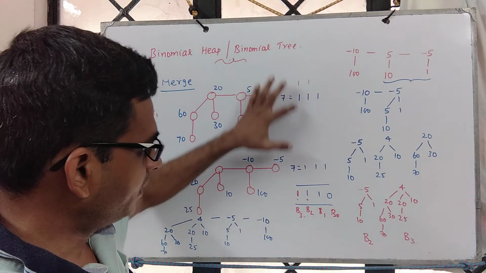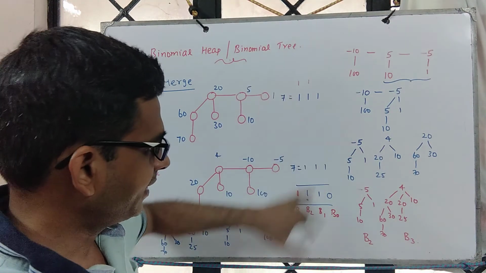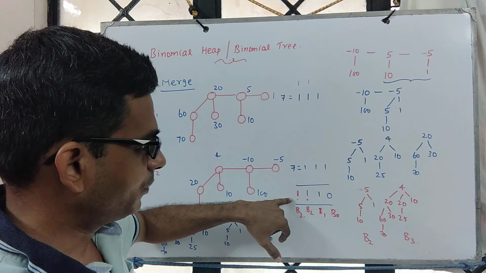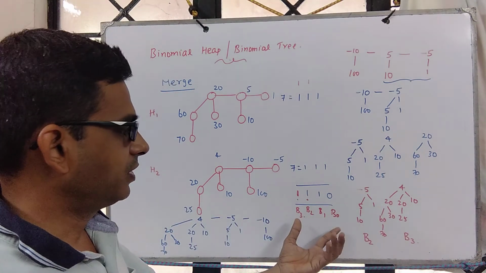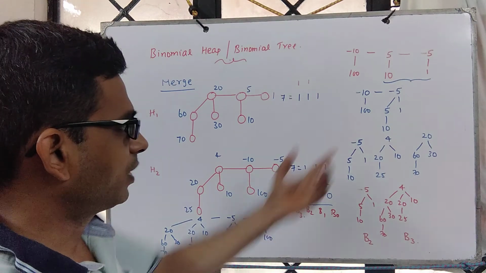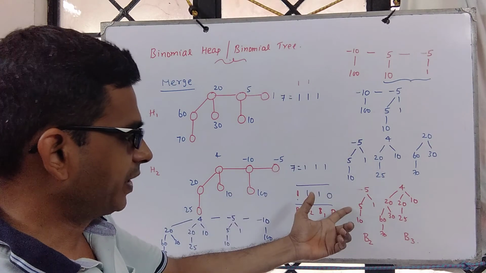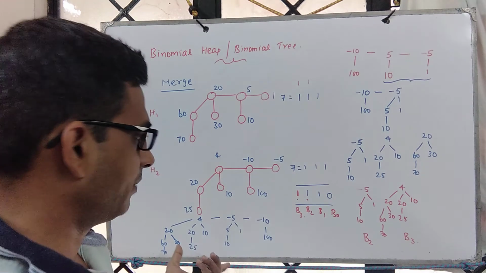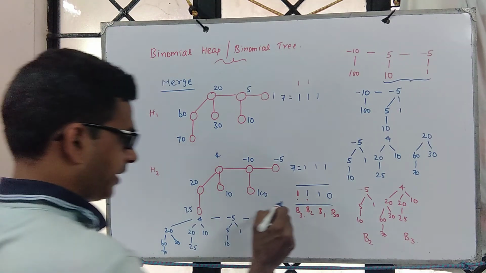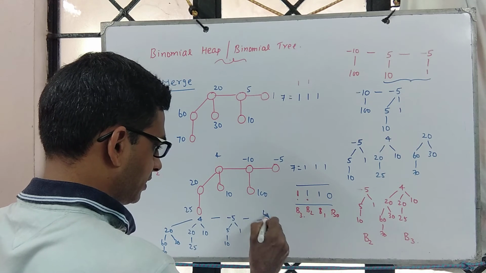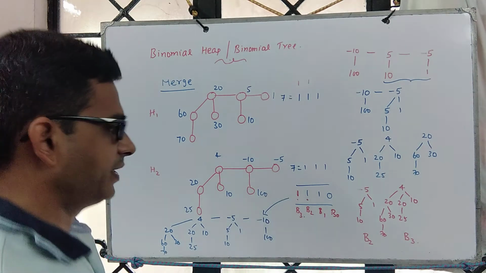Then now we have three copies of B2, retain one and merge the other two to create a copy of B3. And we are done with our operation, and the resultant structure has got one B1 and one B2 and one B3. That's precisely tells you that the binary representation of this structure is precisely this.